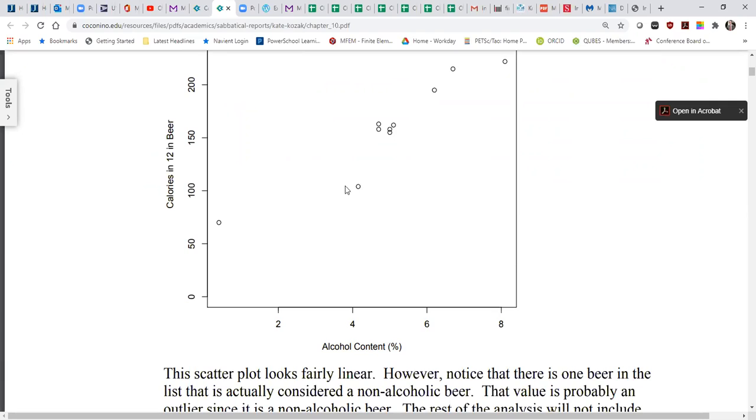And for 4.7 you have two points, like 157 and 160.